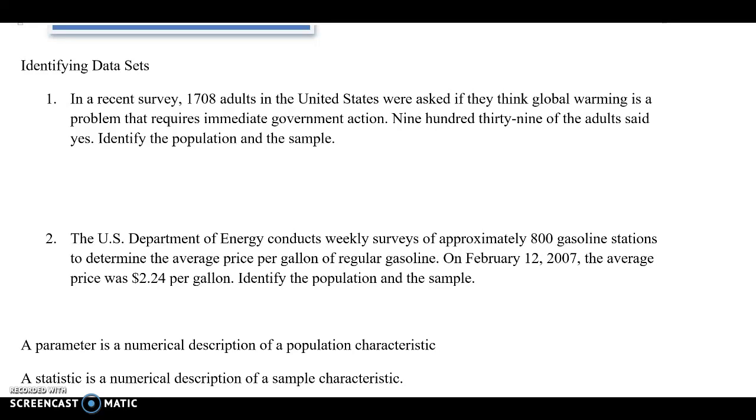In this case, the population must be all adults in the US. Then what's the sample? 1,708 adults will be the sample. Whenever we describe a population, we don't limit the number of data.